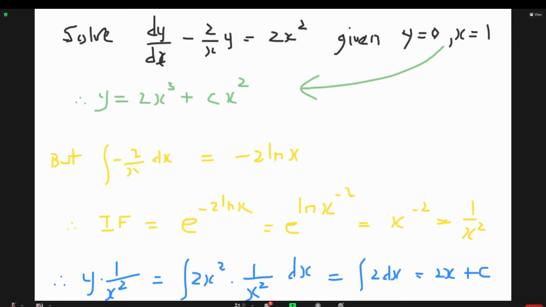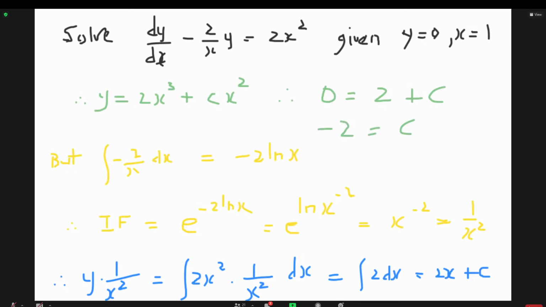What are we solving for? C, exactly. All right. So therefore, substitute and get 0 is equal to 2 plus C. C is minus 2.